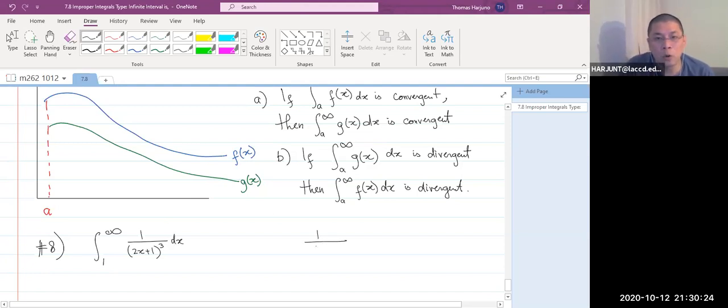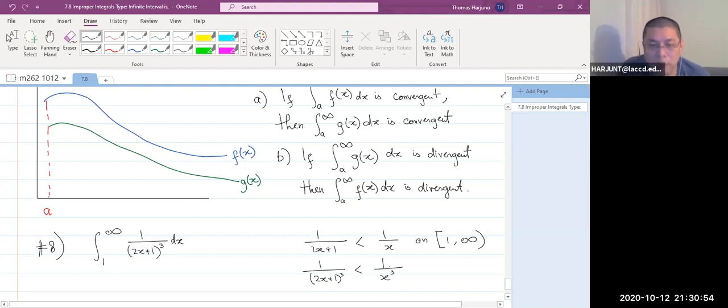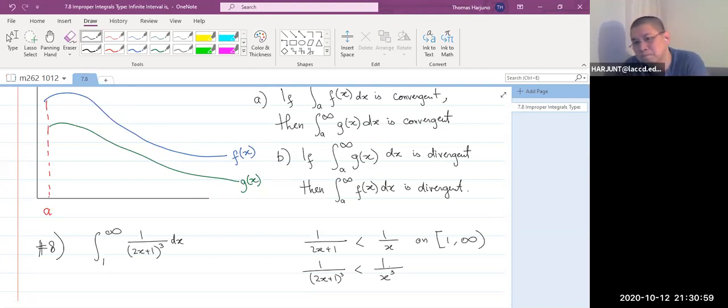Notice that 1 over 2x plus 1 is less than 1 over x on the interval 1 to infinity. You see, right? Therefore, when you cube that, 1 over x cubed is still greater. Are you with me?